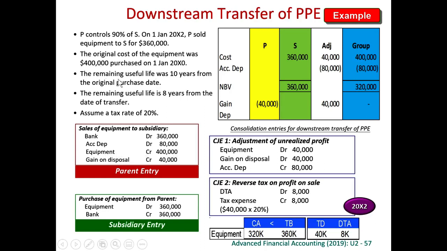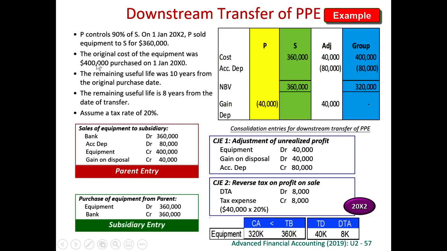It was 2 years old, so 2 years has been depreciated. $400,000 depreciated over 10 years means $40,000 per year. 2-year depreciation means there should be an accumulated depreciation of $80,000. Accumulated depreciation is a credit, so to eliminate, we debit accumulated depreciation $80,000.